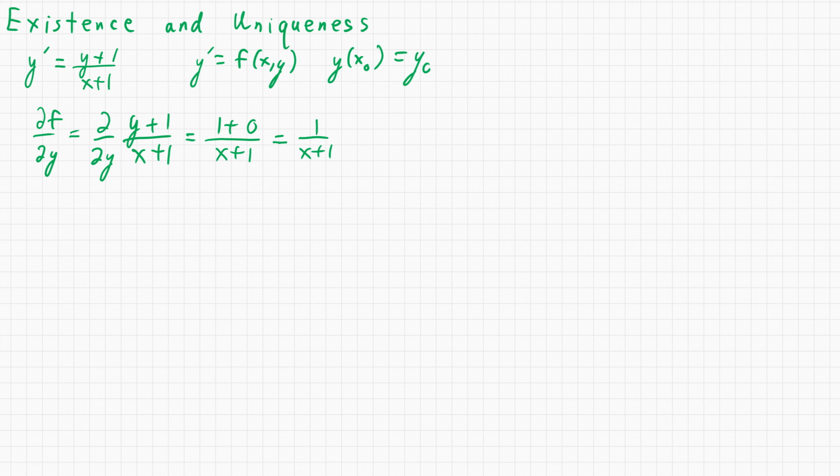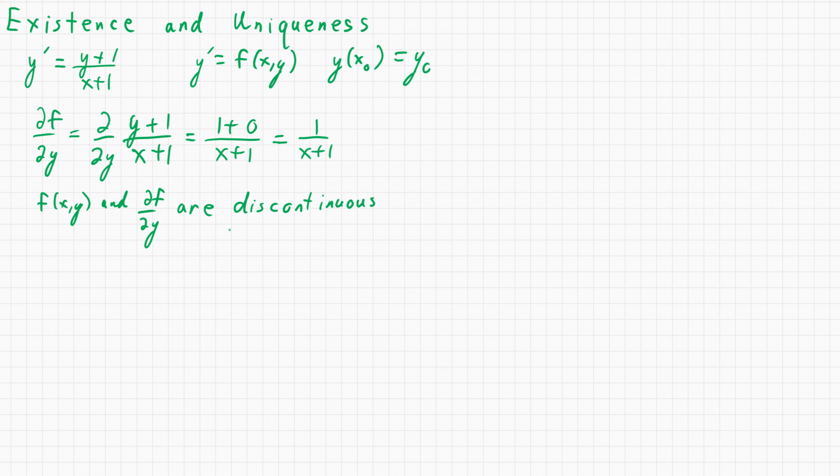These both have the exact same problem. There's a divide by 0 problem when x is equal to negative 1. So here we go. f of x comma y and partial f partial y are discontinuous. Sorry, let me fix that.